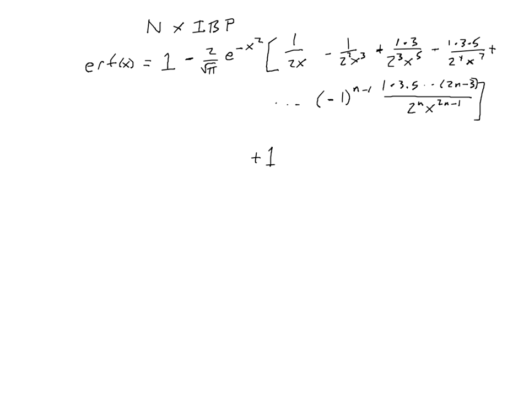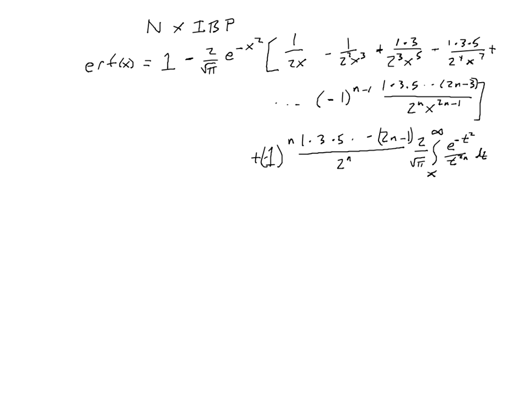And then finally, you're going to end up with another term, minus 1 to the n, and you're going to have all of these odd integers divided by 2 to the n, and then there's going to be a 2 over square root of pi times the integral from, say, x to infinity of e to the minus t squared over t to the 2n dt.